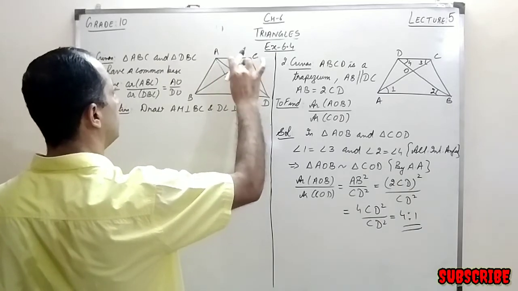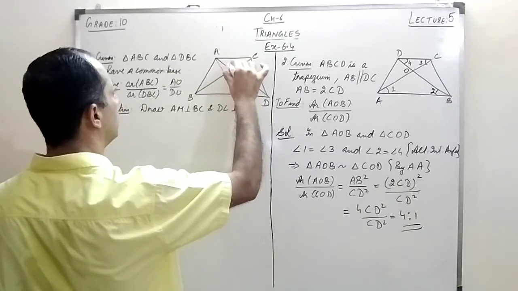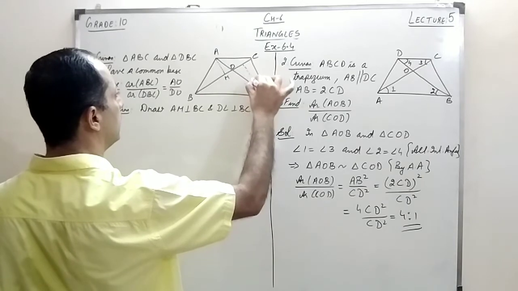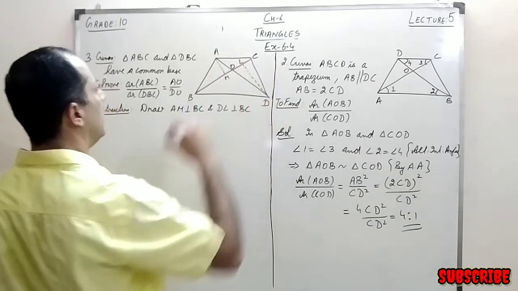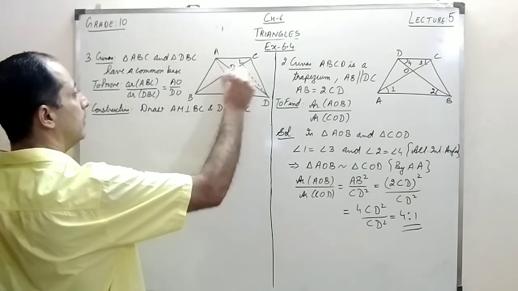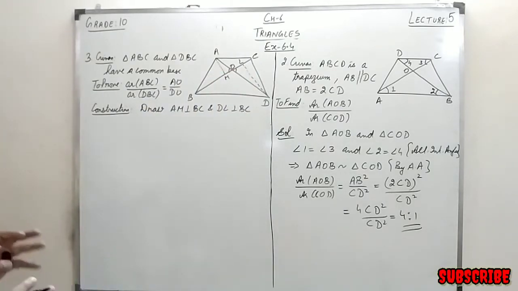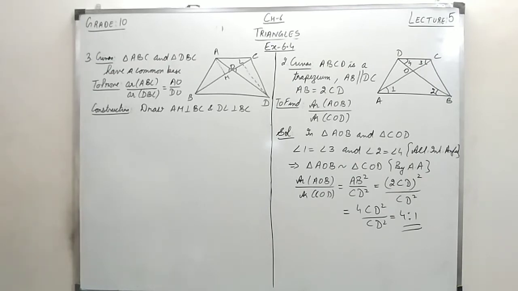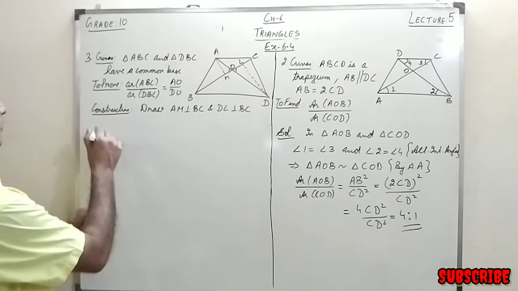This is AM and this is DL, right? Now the area of triangle ABC can be written as half into BC into AM, and the area of triangle DBC can be written as half into BC into DL. So let's start with the proof first.